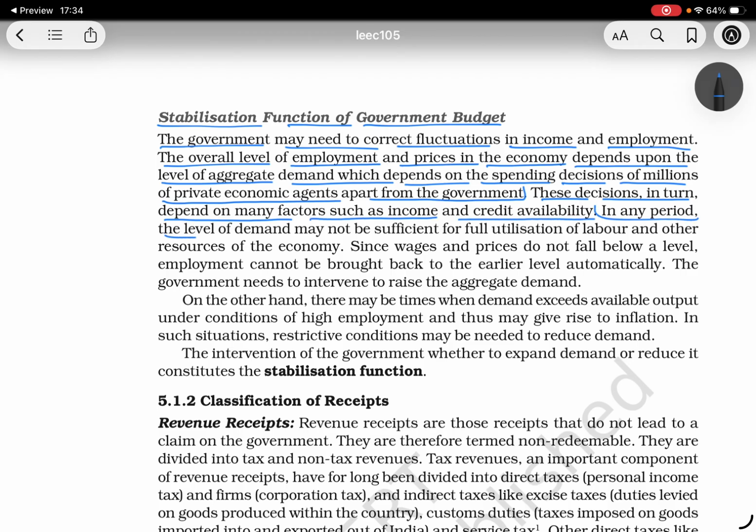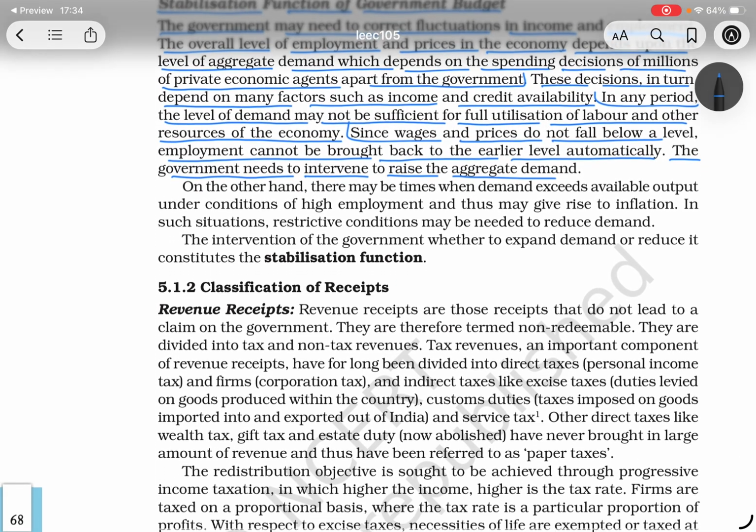In any period, the level of demand may not be sufficient for a full utilization of labor and other resources of the country. Since wages and prices do not fall below a level, employment cannot be brought back to the earlier level automatically. The government needs to intervene to raise the aggregate demand.